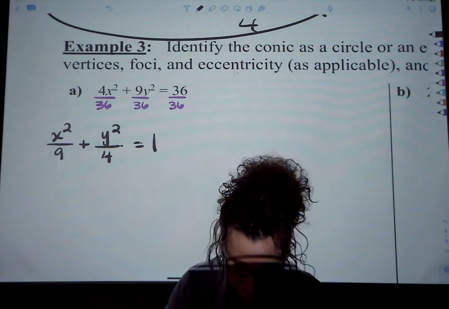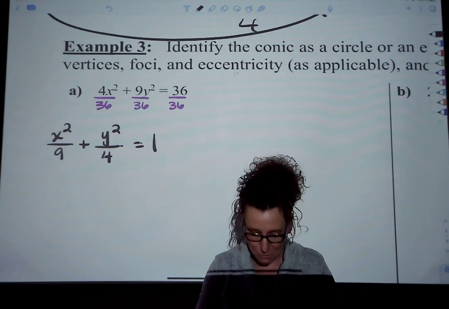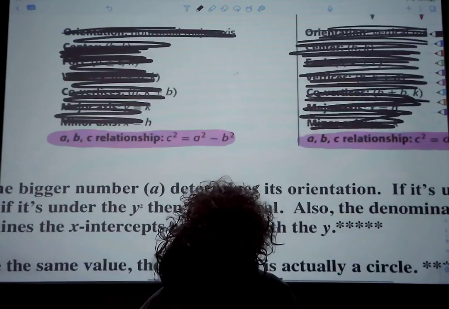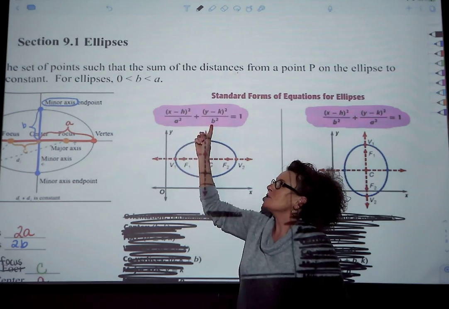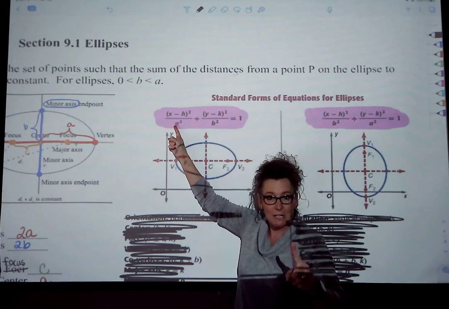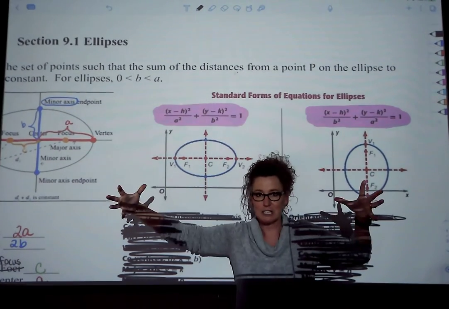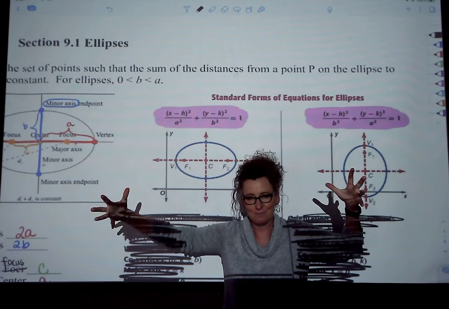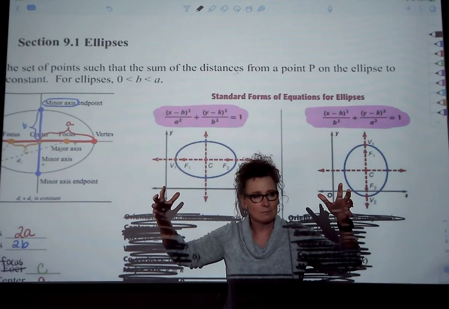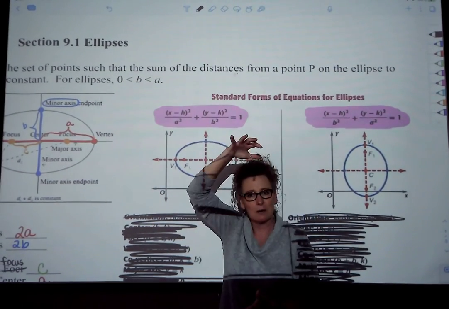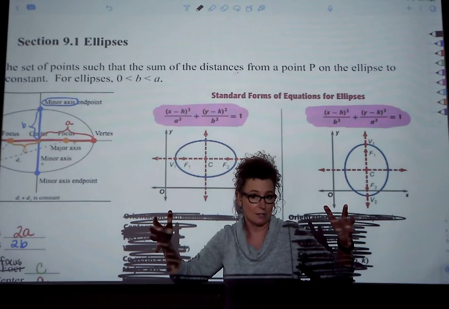Now, it says tell whether it's a circle or an ellipse. Here's what's cool. If these two numbers down here, the bigger one tells me which direction it's stretchy, what if they were equal? What if neither one of them was the bigger one?